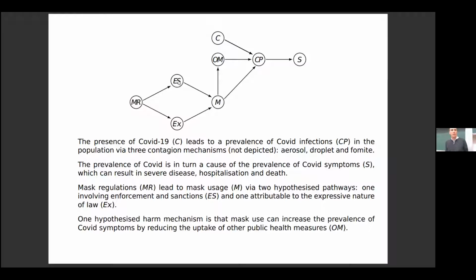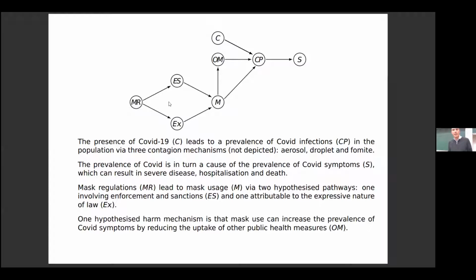One involves enforcement of those regulations and sanctions for those who don't conform to the regulations, and that's supposed to lead to mask usage. Another pathway is attributed to the expressive nature of law. So having a regulation tells people what they ought to do, and people conform to the law because they realize they ought to do it, rather than in virtue of sanctions.